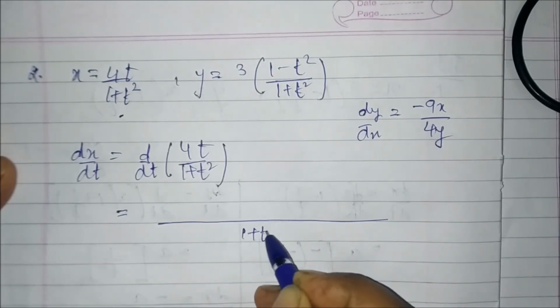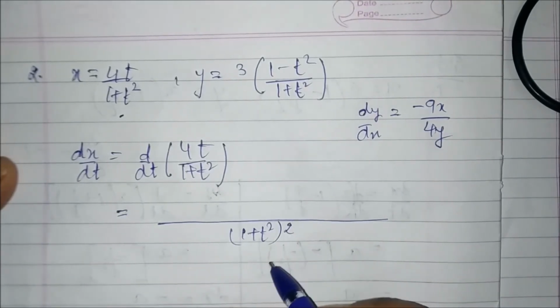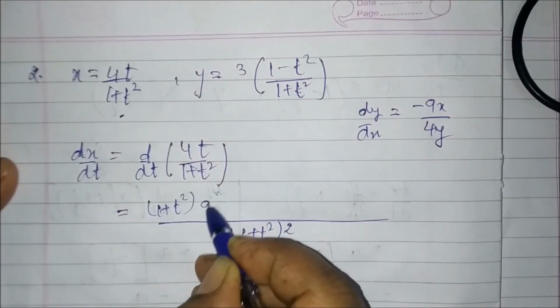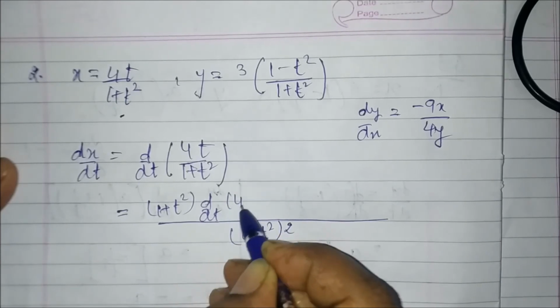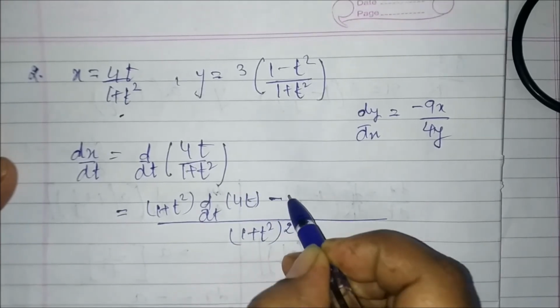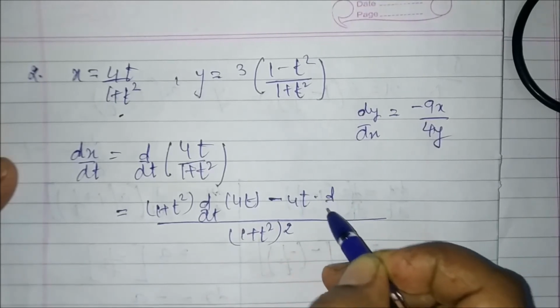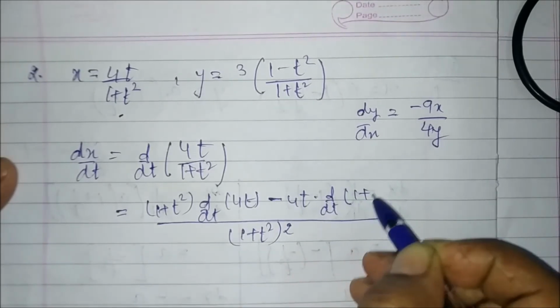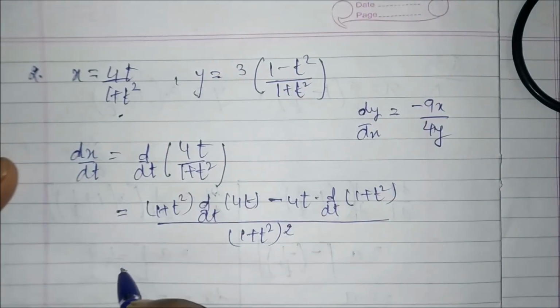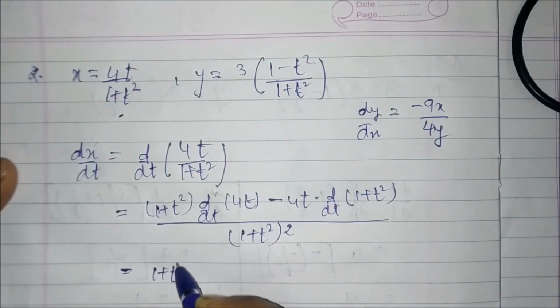1 plus t square whole square, then v is 1 plus t square, d by dt of u, minus 4t into d by dt of 1 plus t square. This is the u upon v formula. Copy this.